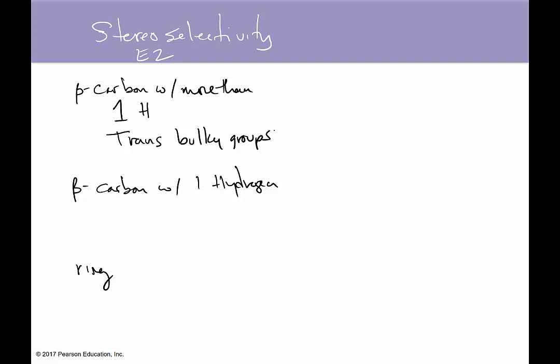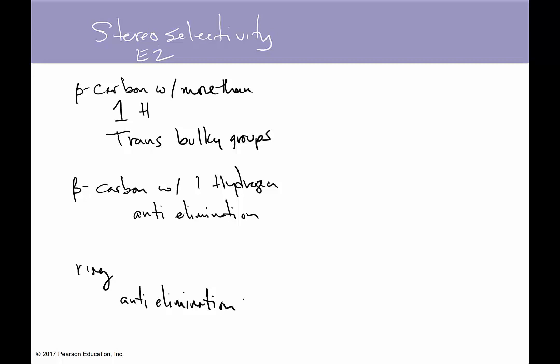When you have just a single beta hydrogen, what you tend to get is the anti-elimination product. And I'll talk about that in a second. And on rings, you tend to get anti-elimination only as well. So let me describe anti-elimination to you. You have to bear with me when I do this drawing, because I'm not going to draw everything.